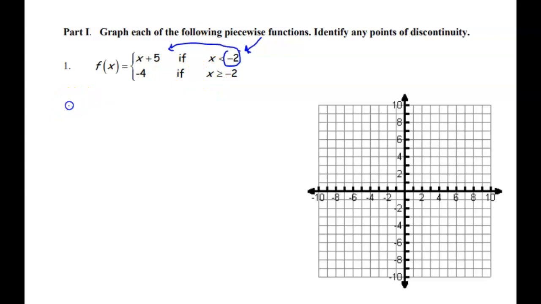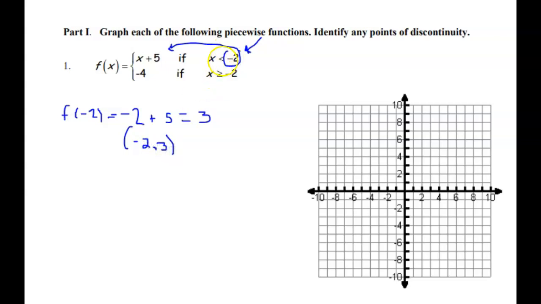So I'm going to find f of -2 for the first function. That is -2 plus 5, and I know that's 3. So my breaking point is going to happen at (-2, 3).